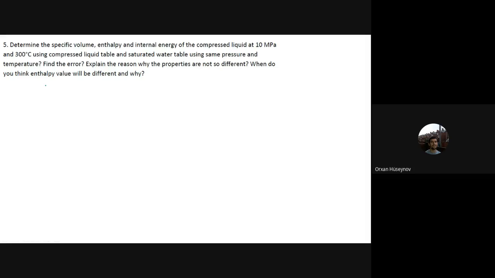So the question says that we have a pressure of 10 megapascals and a temperature of 300 degrees Celsius. These are given. And it says to find the specific volume, the enthalpy and internal energy of the compressed liquid. So the question itself says it is compressed, but you can check by yourself how you will do that. As always, look at the saturated table.